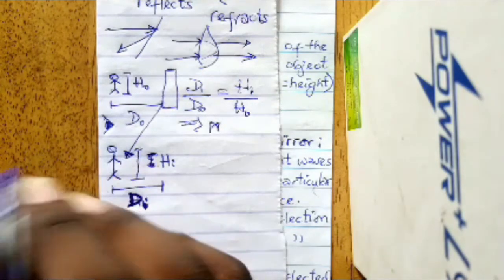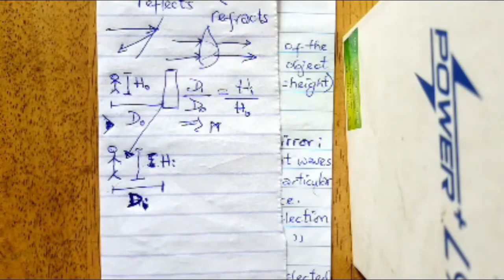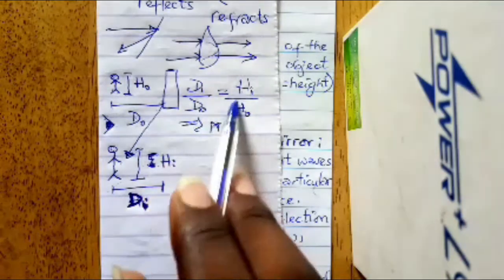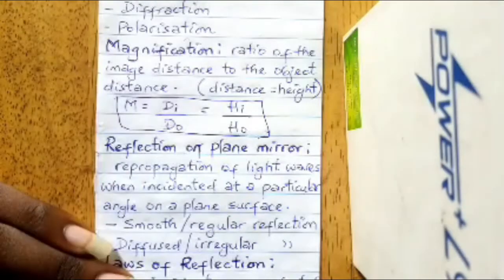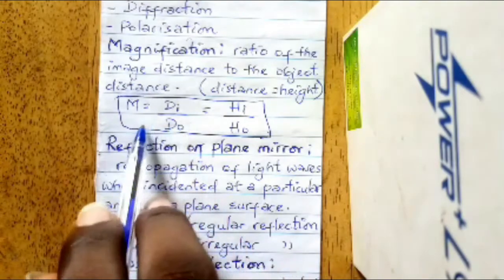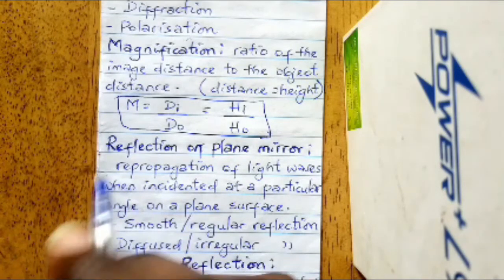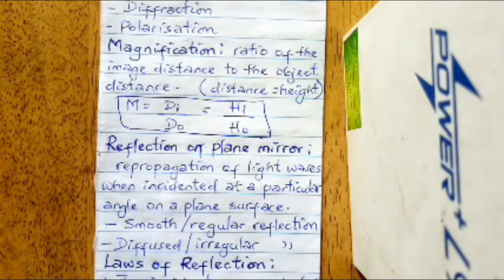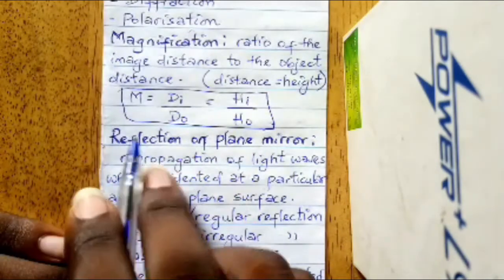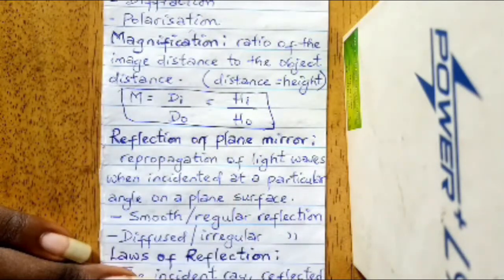So magnification is simply the ratio of these relationships. So the relationship here is referred to as the magnification. And in further classes, as the class moves on, we'll be seeing how to apply this formula in solving questions on light waves. So in continuation, I'll be looking at reflection on plane mirrors now.